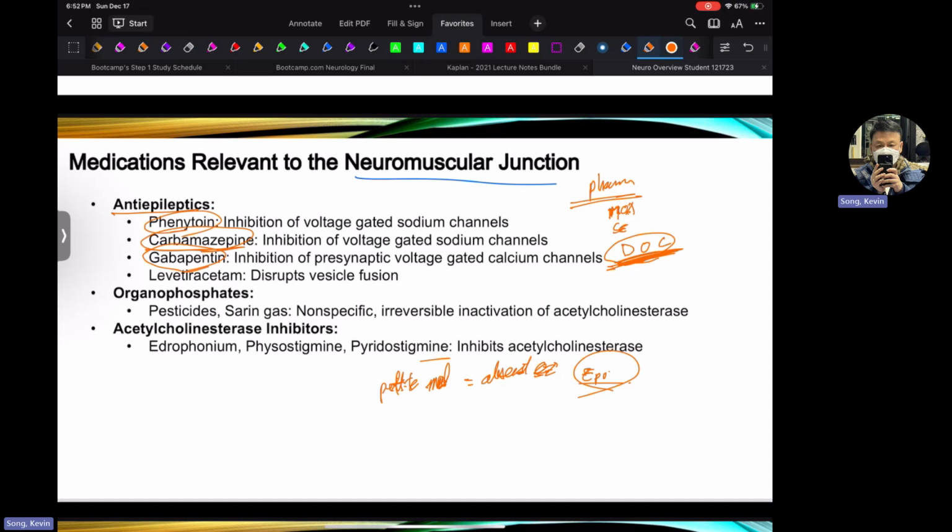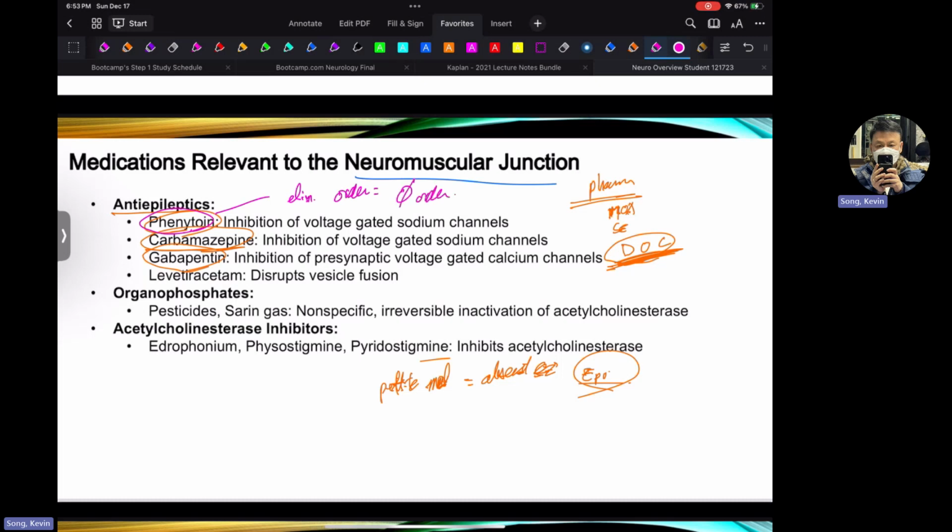Okay. So another thing you need to know is phenytoin. Whenever phenytoin occurs, they will ask you about the elimination order. This is zero order. Zero order drugs with a similar process as phenytoin are PEA: phenytoin, ethanol, and aspirin.